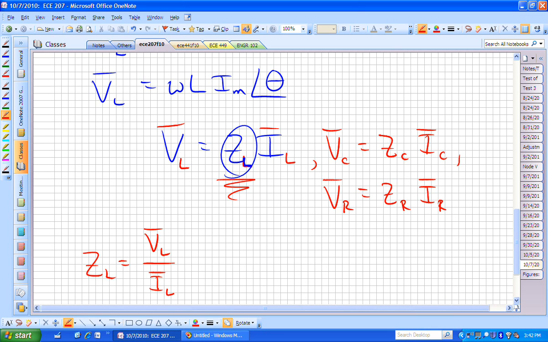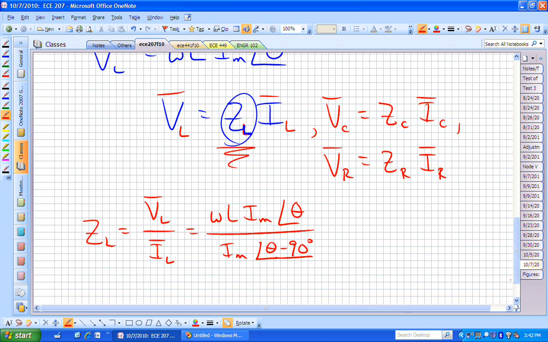And we're now going to work in the phasor setting or in the frequency domain. This guy was omega L I sub m at an angle of theta. This was I sub m at an angle of theta minus 90 degrees. Is everybody okay with that?